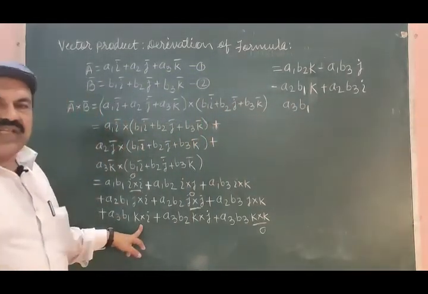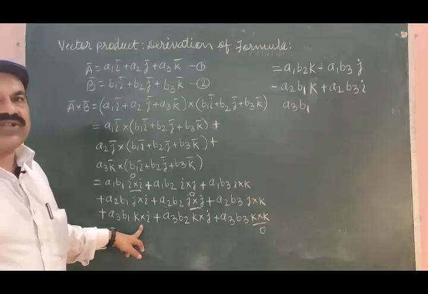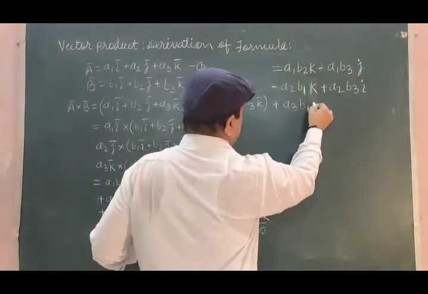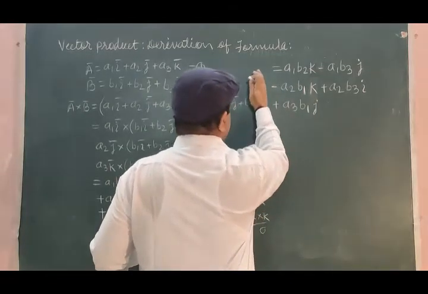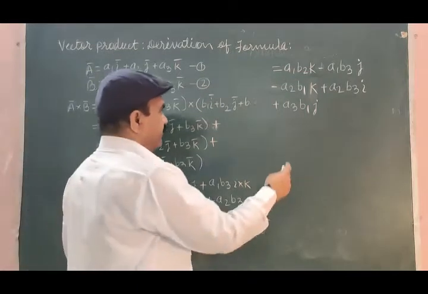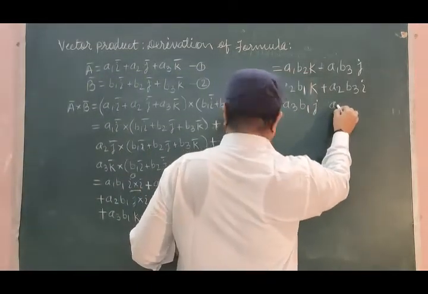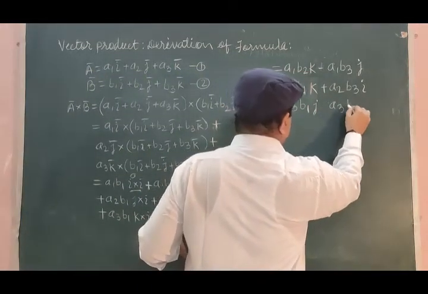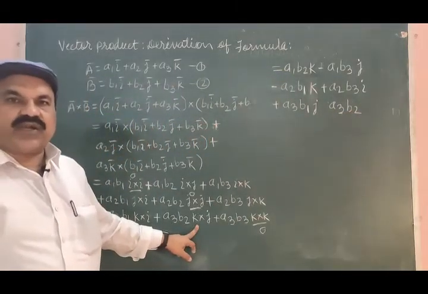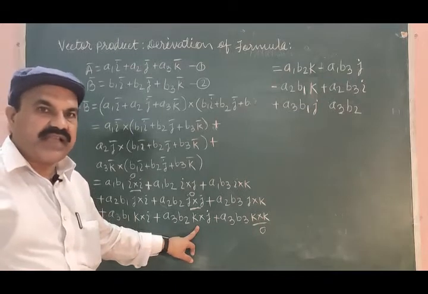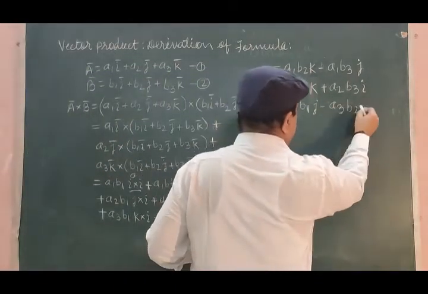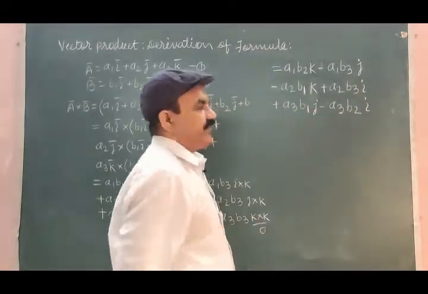What is this? k cross i. k cross i is plus j, so just put plus here and j here. And this term, a3b2, k cross j. What is k cross j? k cross j is minus i. Put minus here, i here.